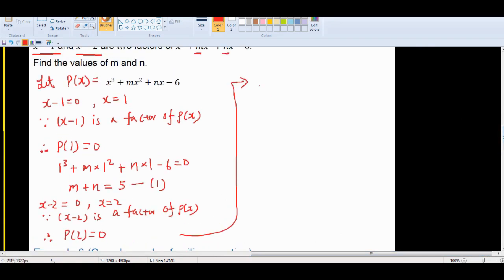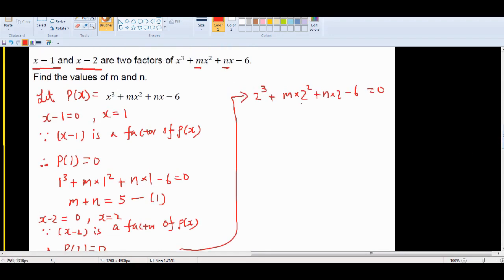This time you are going to substitute that 2 into the polynomial. So that's the substitution, and you will have 8 plus 4m plus 2n minus 6 equals 0. So that will give you 4m plus 2n. You will put all the numbers on the other side.